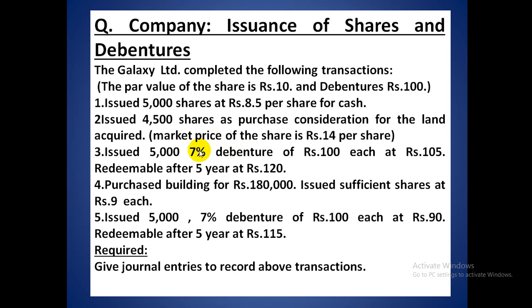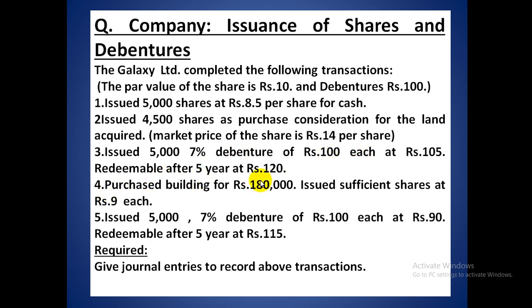This is the interest percentage given with the debentures, but we do not need to calculate anything with this 7% right now. 100 rupees debenture is issued for 105, which will be redeemed at rupees 120 per debenture later on. So this is the case of issuance of debenture at premium, redeemable at premium. Watch my previous lectures of debentures to understand the concept.